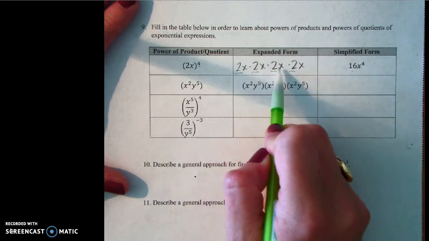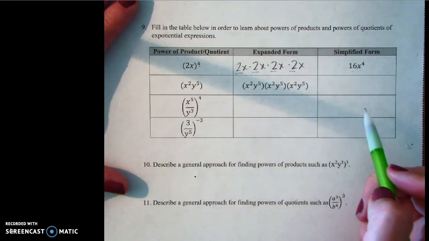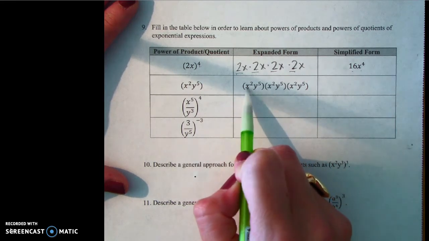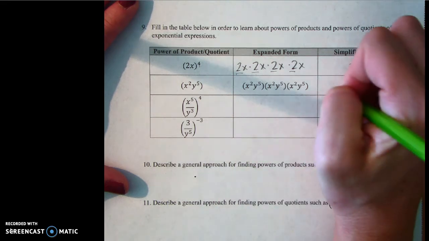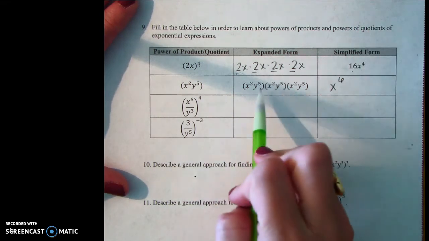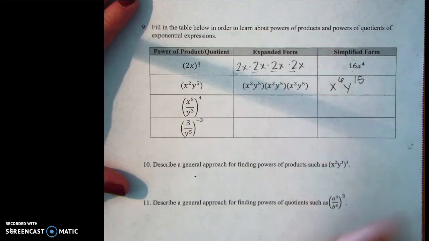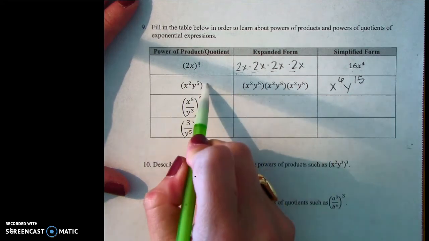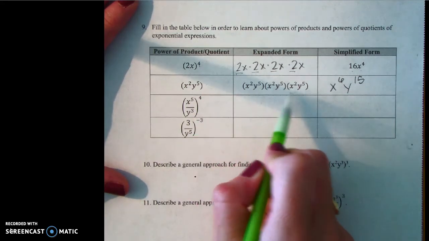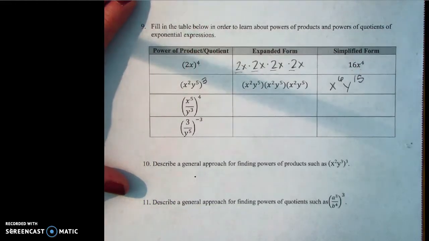And then I have 1, 2, 3, 4 x's. Here, I have 2 x's, 2 x's, 2 x's. That's a total of 6 x's. I have 5, 10, 15 y's. So this exponent here, since I have 1, 2, 3, that exponent would be a 3.